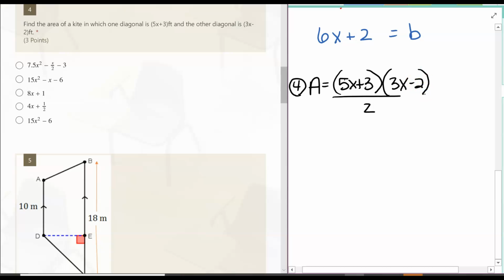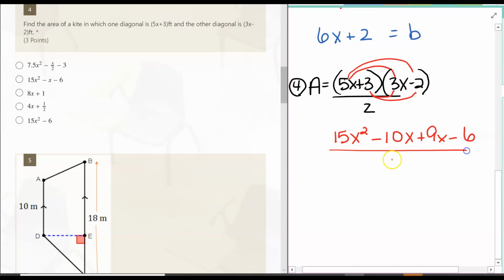And so when I go and solve this, I need to do double distribution or FOIL. 5x times 3x is 15x squared. 5x times negative 2 gives me minus 10x. 3 times 3x is plus 9x. And then 3 times negative 2 is minus 6. Still divide by 2, don't forget that part.